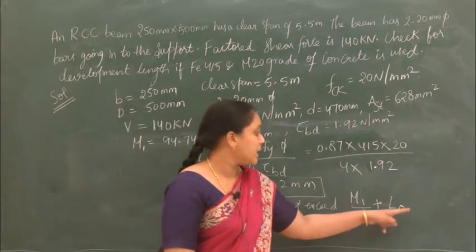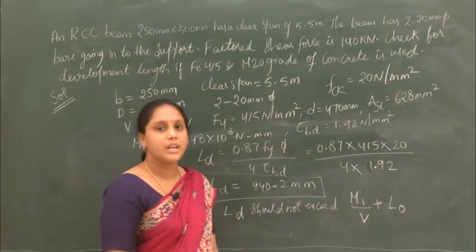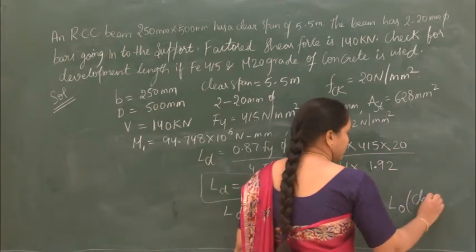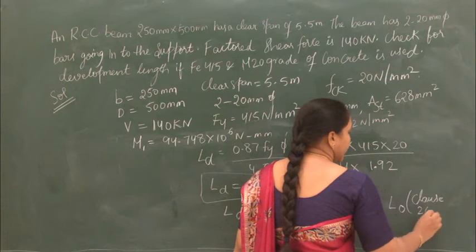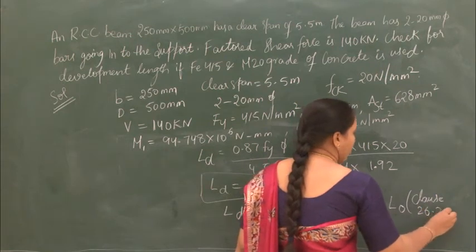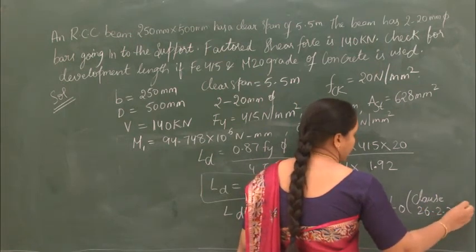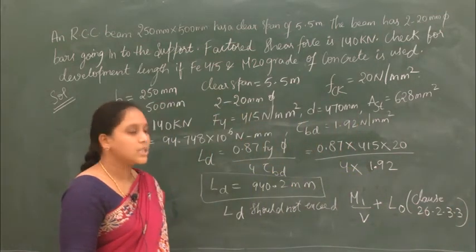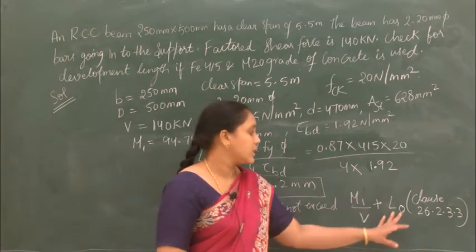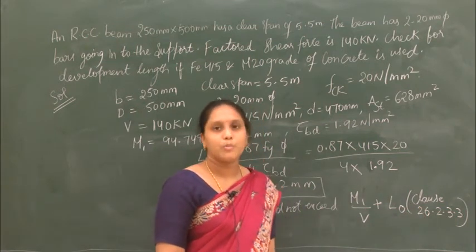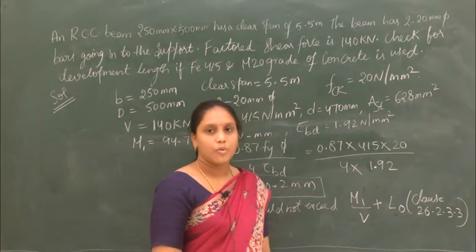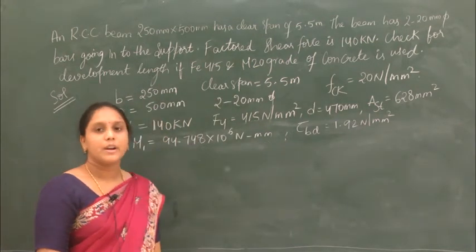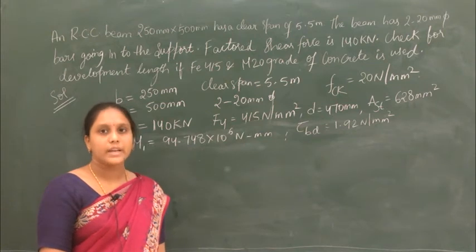This particular formula is given in clause 26.2.3.3 of IS 456/2000. So you can see this in clause 26.2.3.3 of IS 456/2000. Now we have to find out the L0, that is the anchorage length.